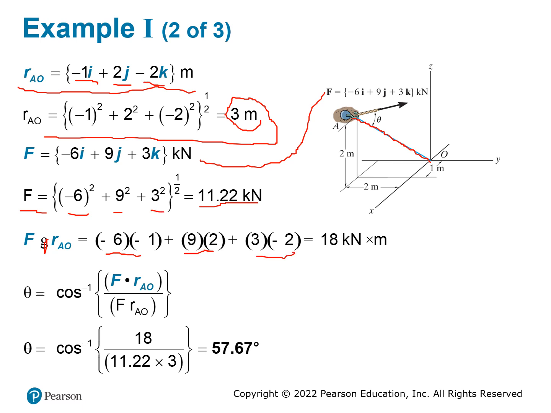You sum them together. This is the dot product of these two. Once you have the dot product, you can find the angle, which is arccosine of the dot product divided by the magnitude of each one. You got this angle, which is the angle that we tried to find.